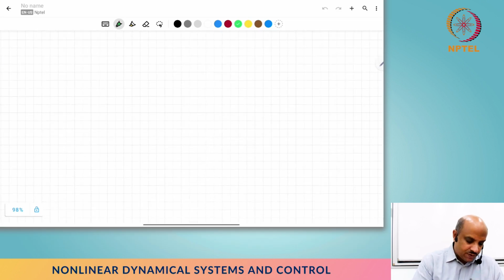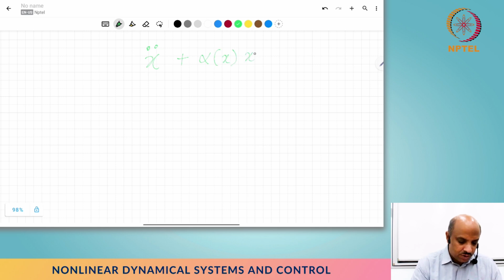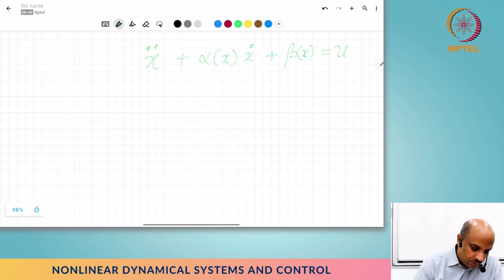So we have x double dot plus alpha of x times x dot plus beta of x is equal to u, right? So what I am picking basically is, well, let's do this. X comma a hat minus a, which we can call as e.